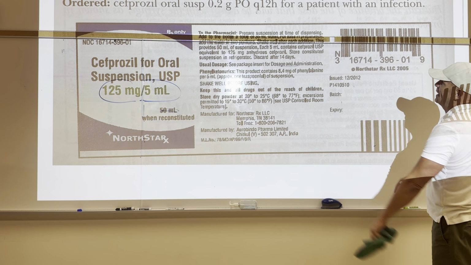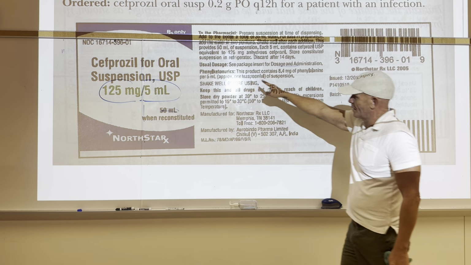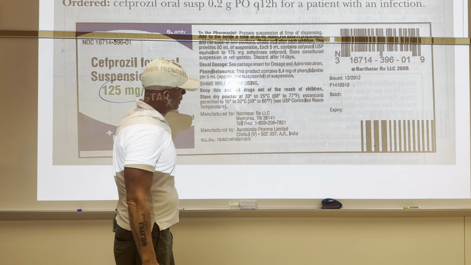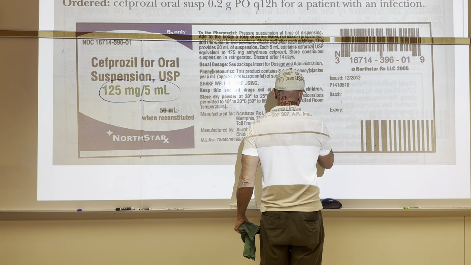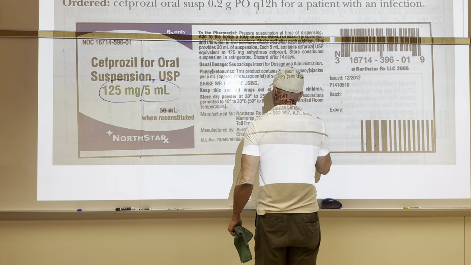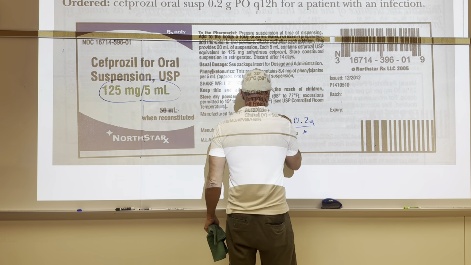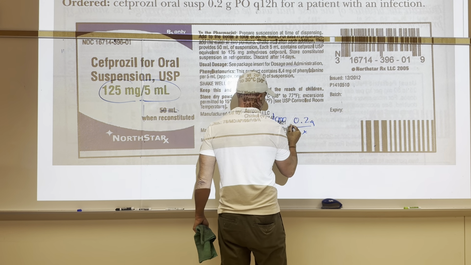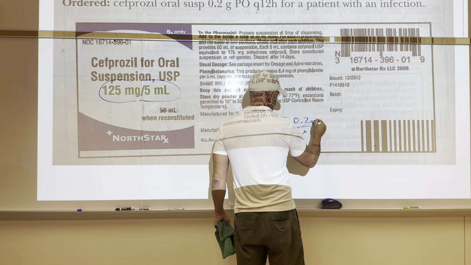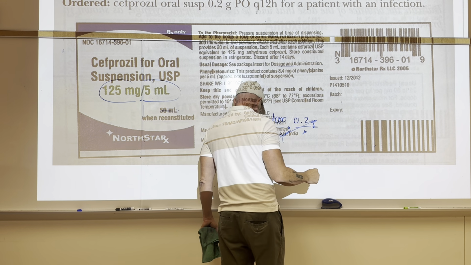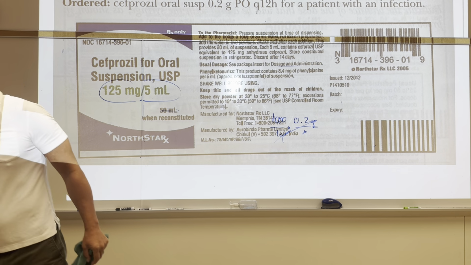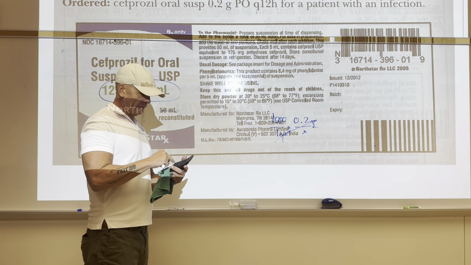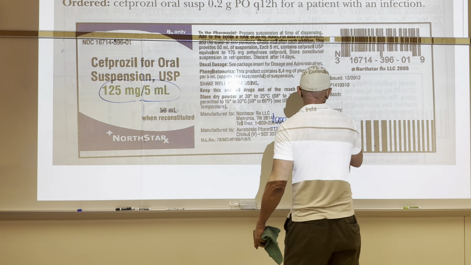Okay, here we go. We're going to look for how many grams. So we got 125 milligrams, right? We want to convert that down. 0.2. So 0.2 grams. We got 1,000 milligrams equals 1 gram, right? Remember, bring it up. You got 1,000 divided by 0.2. 5,000.